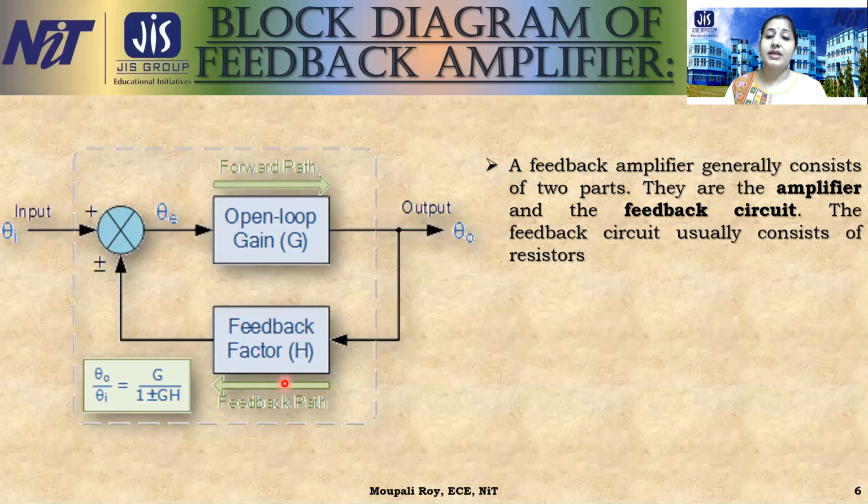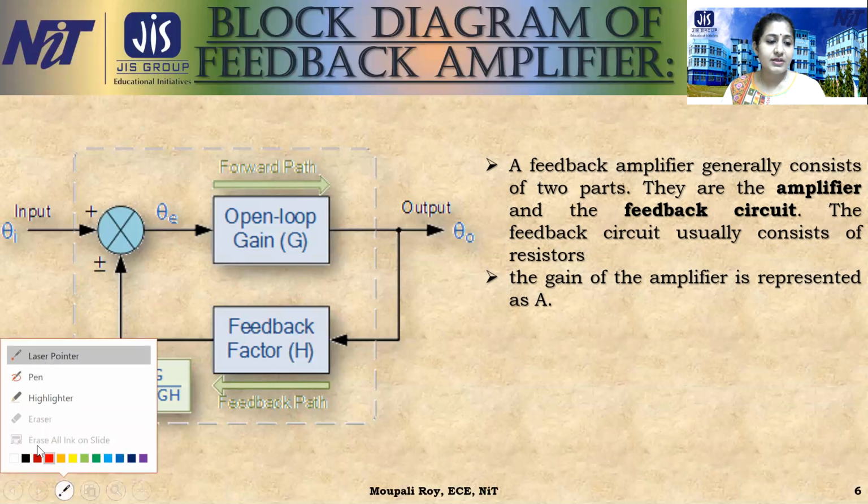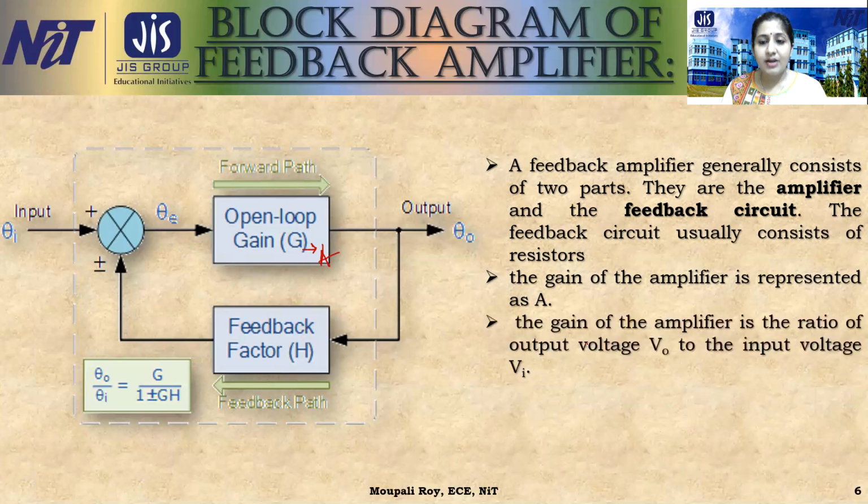The feedback circuit usually consists of resistors. The gain of the amplifier is represented as A. That means this G is denoted as A. The gain of the amplifier is the ratio of the output voltage, that is theta 0, noted as V0, and the input voltage, theta I, denoted as Vi.